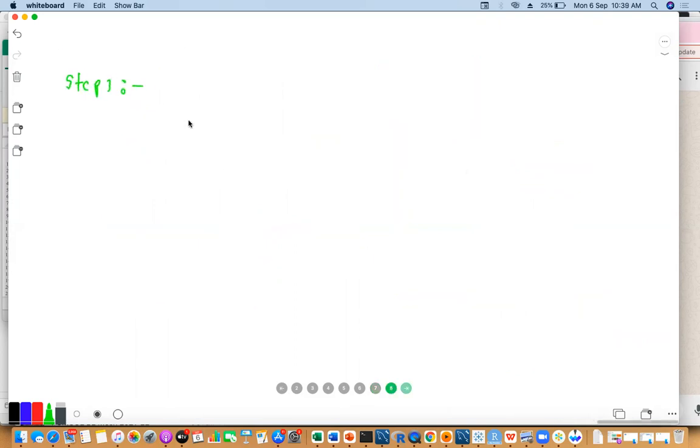So we have x1 equal to 0.5 and x2 equal to x3, that is 0.75.